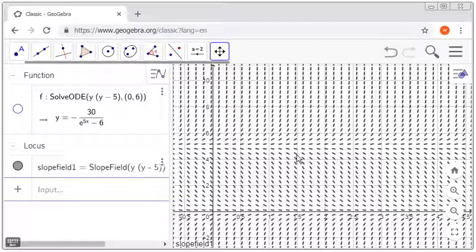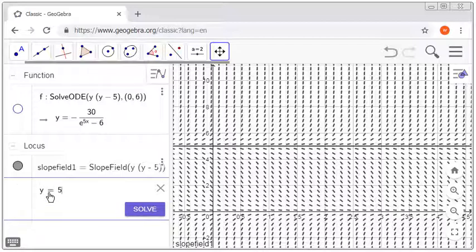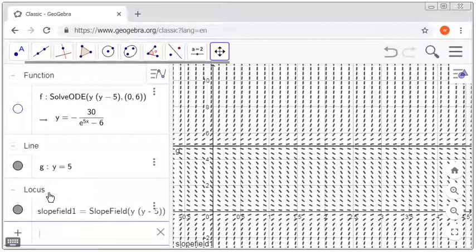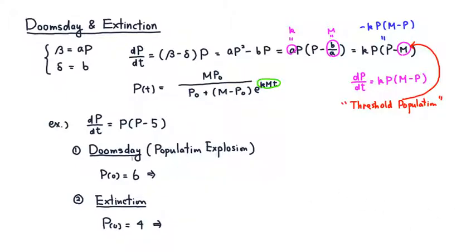The threshold is 5, so I can actually put y equals 5 and hit enter. This is the threshold. Then something interesting happens. This is going to be a case for Doomsday.